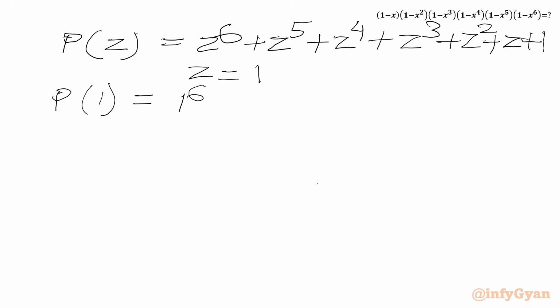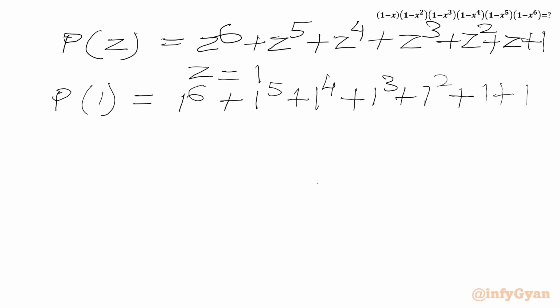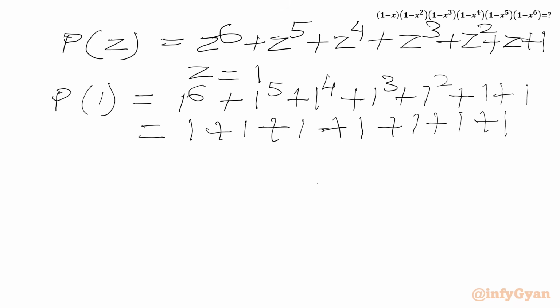So we will write 1 power 6 plus 1 power 5 plus 1 power 4 plus 1 cube plus 1 square plus 1 plus 1. So we are going to get 1 plus 1 plus 1 plus 1 plus 1 plus 1 plus 1. There are 7 ones, so we will get 7. So our required product is equal to 7.